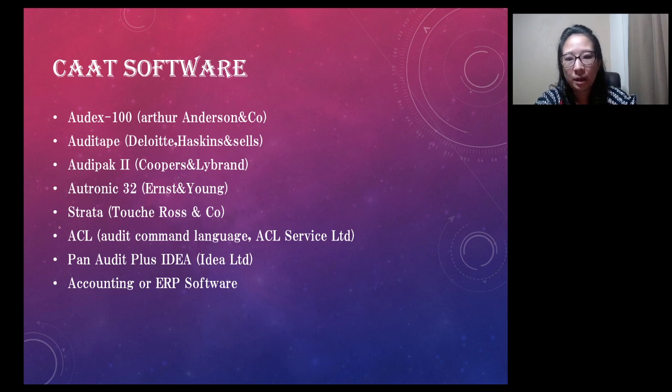But the common one is ACL, the Audit Command Language. It's not owned by an auditing company, so any company can use this ACL software.